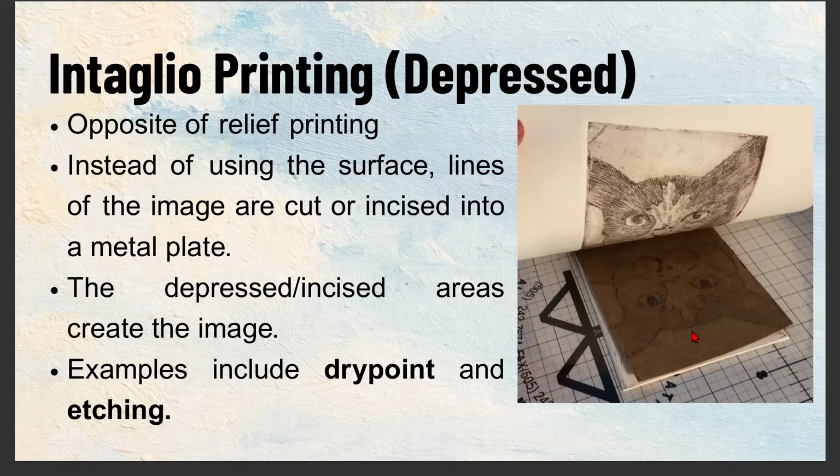Yeah, inks fill in the grooves. It also requires pressure. You're really going to press it. That's why it is called depressed. You're really going to press it in order for it to print. It looks like this. Okay, so that's intaglio printing.